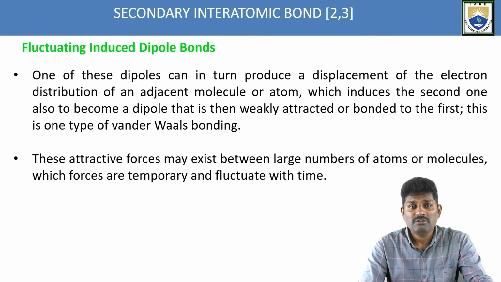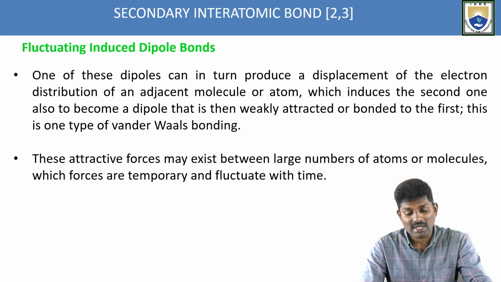These attractive forces may exist between a large number of atoms or molecules, and these forces are temporary and fluctuate within them. Because of that fluctuation or asymmetry, the atoms present inside cannot be completely bonded. So these are temporarily bonded to each other.